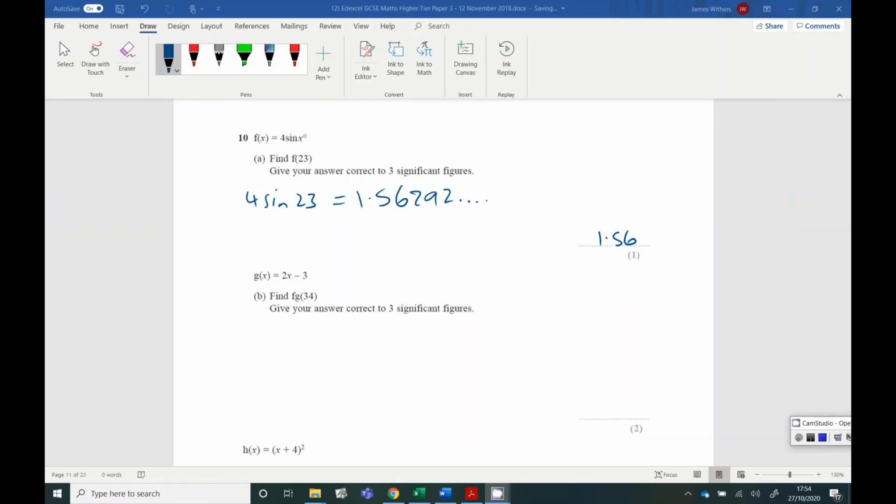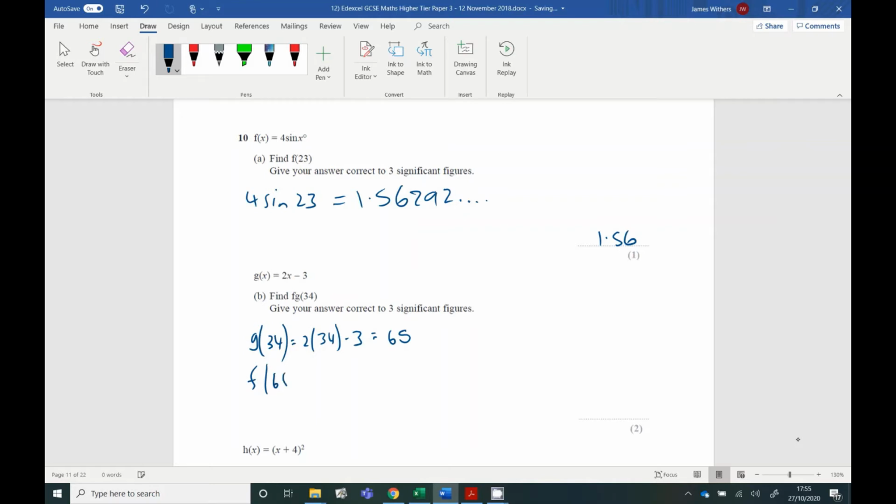Now for part B, you've just got to be careful to get this the right way around. We first of all pop 34 into the g function, and that output we put into the f function. So let's first of all put 34 into the g function. So g of 34 equals 2 lots of 34 minus 3. So that's 68 minus 3, which is 65. And then we take that 65 and put it into the f function.